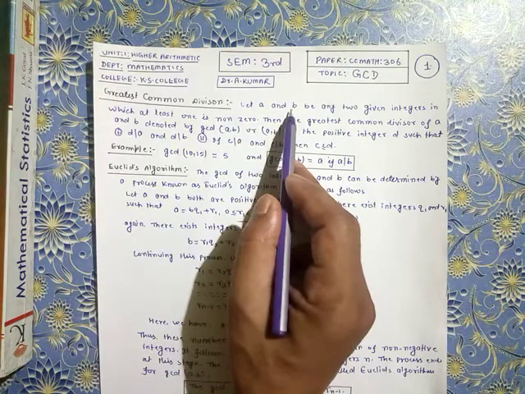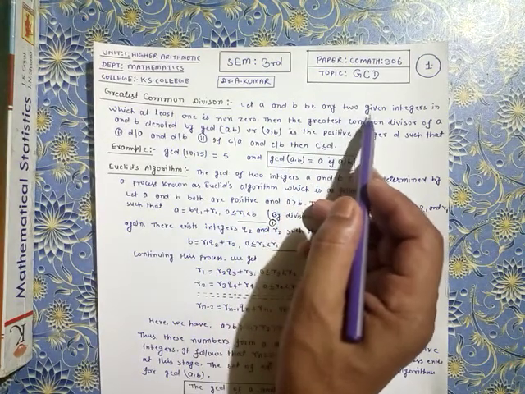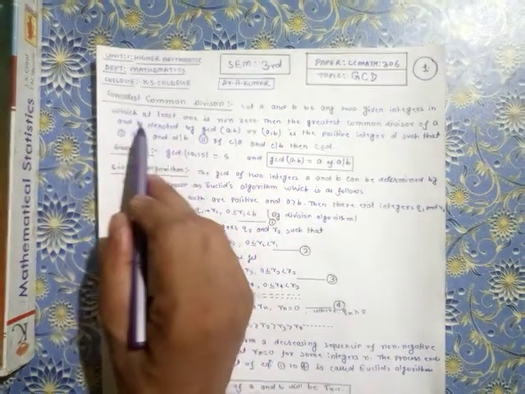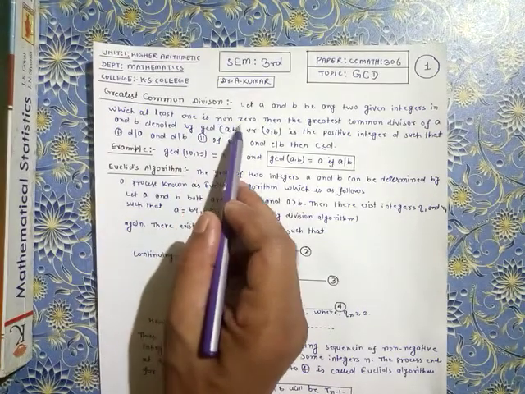Let A and B be any two given integers in which at least one is non-zero.